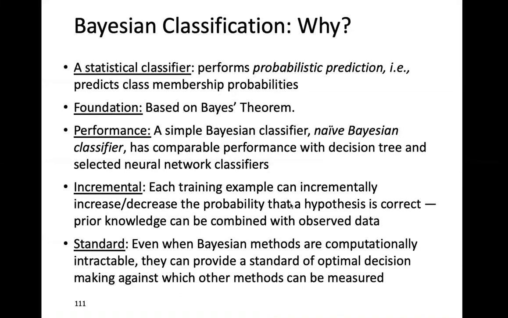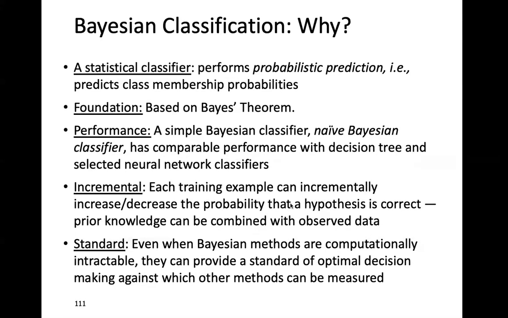A solution to that problem is to simplify and build what is called a naive Bayes classifier, and it is shown that the naive Bayes classifier is comparable in performance with some other classifiers like decision trees and some small neural network classifiers.